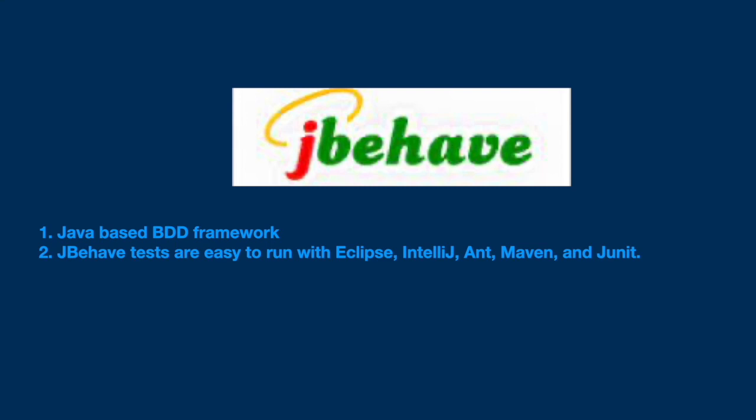It has its own reporting part also. JBehave generates its own reporting. You don't have to configure external reports. External reports are also available, but if you don't want to use them, then JBehave provides its own reporting format, which is a very good format.